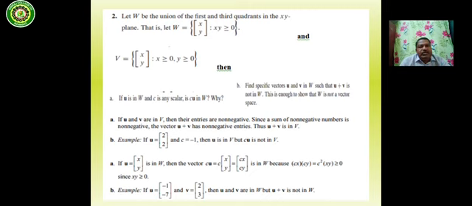So in the sum u plus v, the sum of two non-negative numbers is non-negative. So in V the u plus v condition is satisfied. Now in V we verify whether the second condition is satisfied or not.